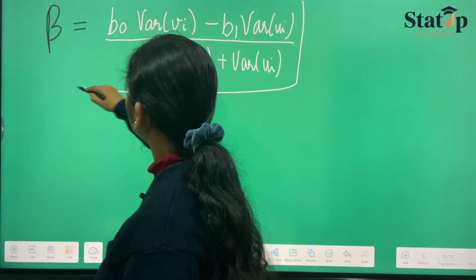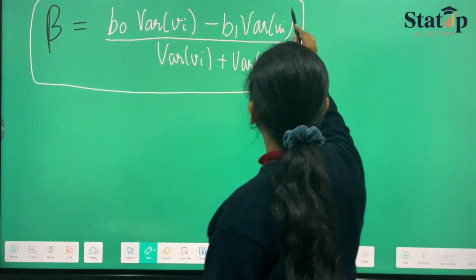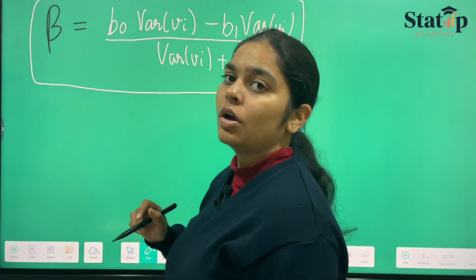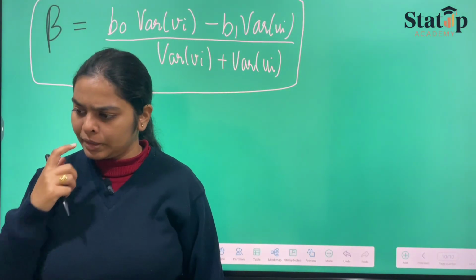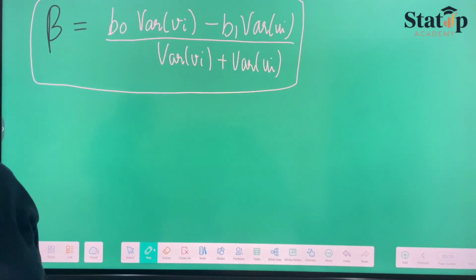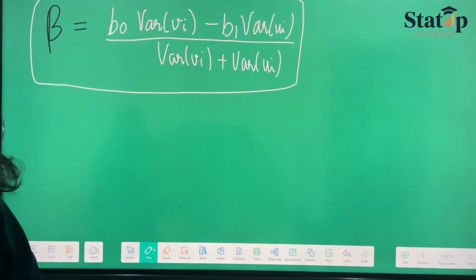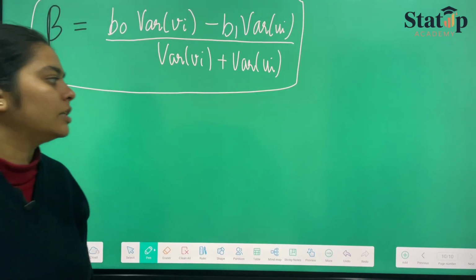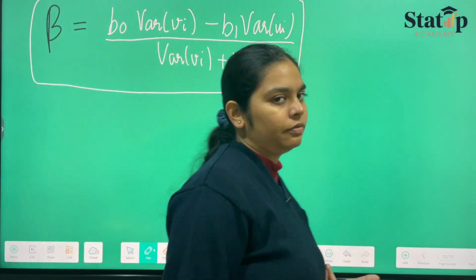So this is the slope of the regression line of Qi on Pi. This gives us our answer, and this completes the question, which was again of 10 marks.